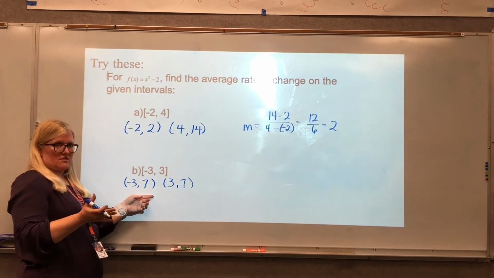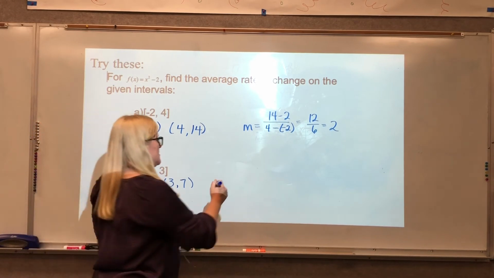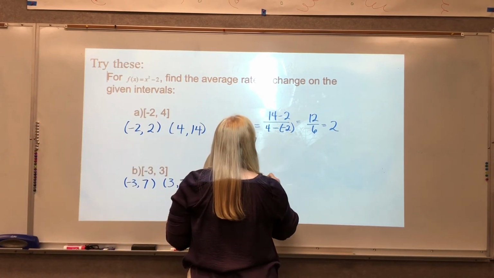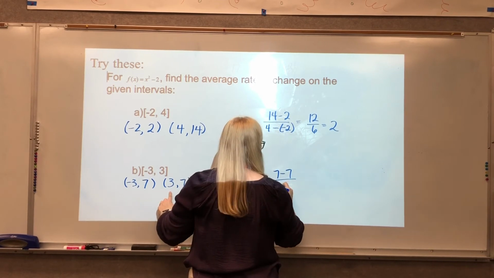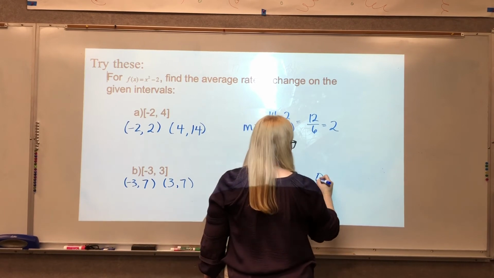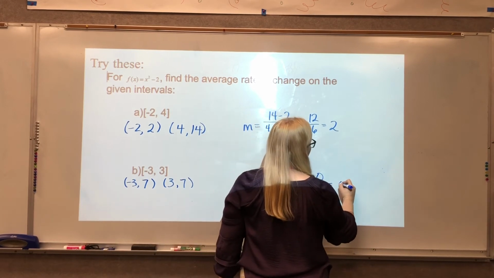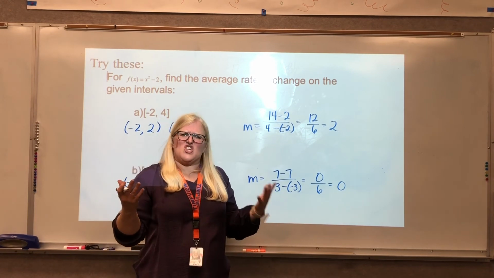What do you notice? The y's are the same, right? But let's use our formula. m equals y minus y over x minus x. And I get 0 over 6, which is 0. Well, that's weird. There's no rate of change.